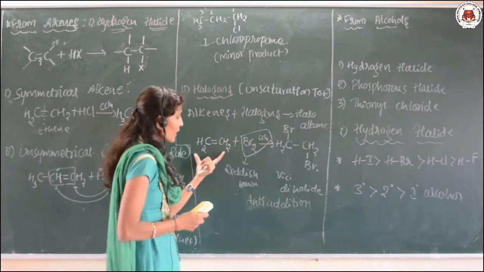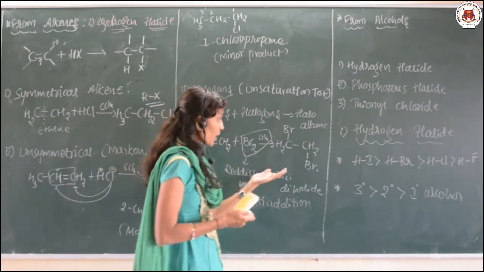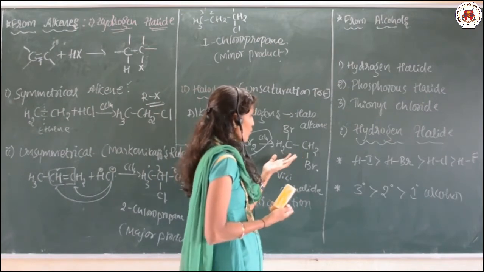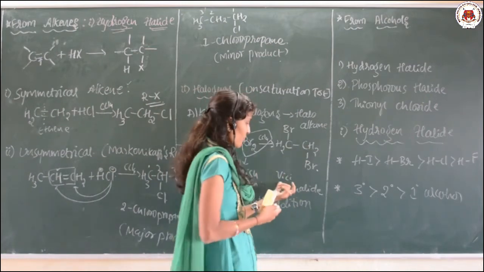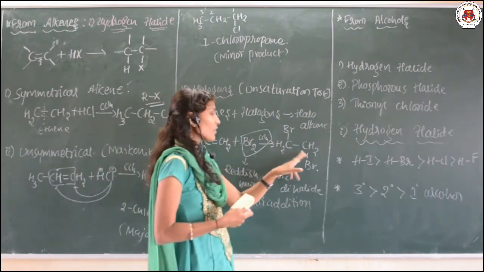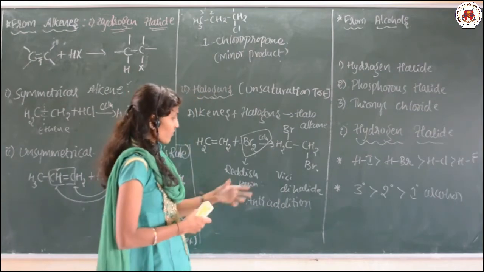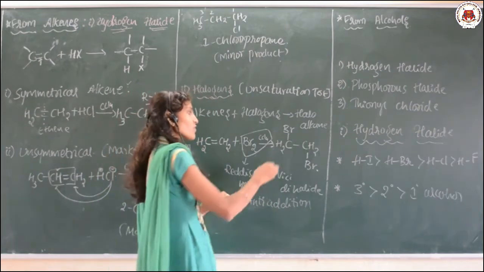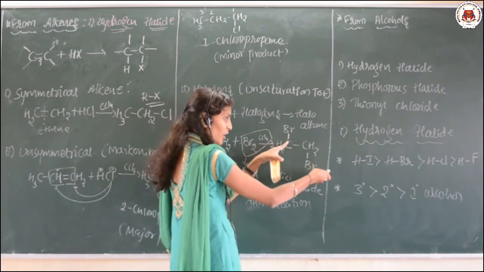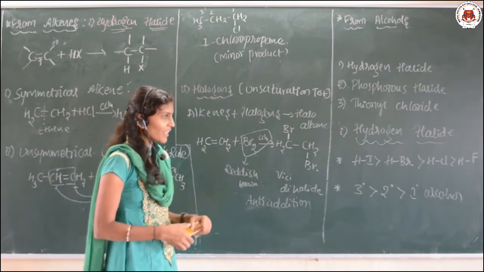Whenever the alkene is treated with bromine in CCl4, you get 1,2-dibromoethane, the vicinal dihalide, because the neighboring carbons have the two halogen atoms. This is called anti-addition because on one side a Br is attached and on the other side a Br is attached.